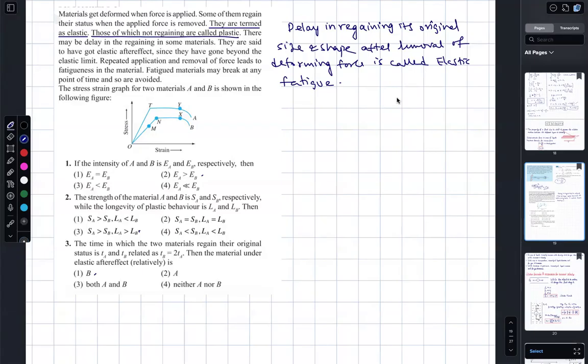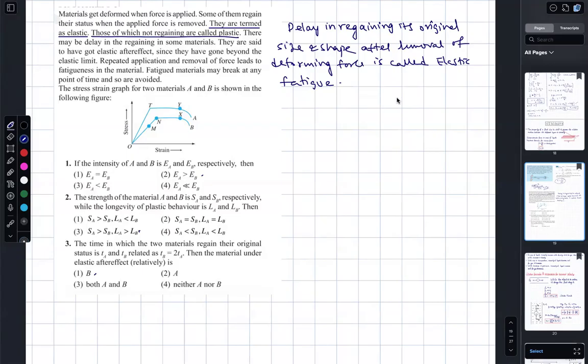If the elasticity of A and B is EA and EB respectively, then the stress strain graph of two materials A and B is shown.